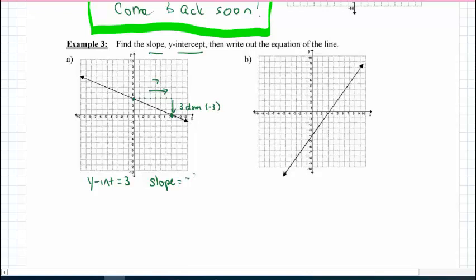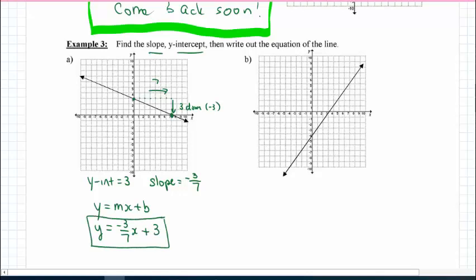So my slope is my rise over my run. How about negative 3/7? So identifying these two things allows me to find the equation of the line in slope-intercept form. Here we go. y = -3/7 x + 3. Done.